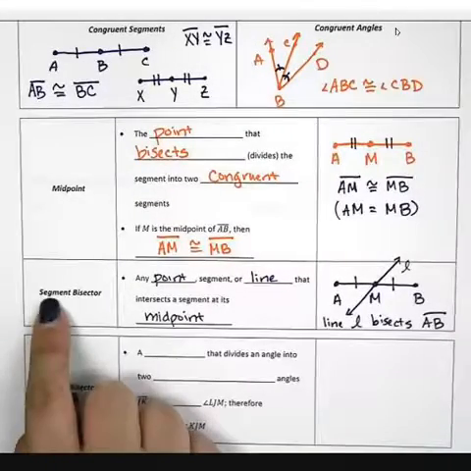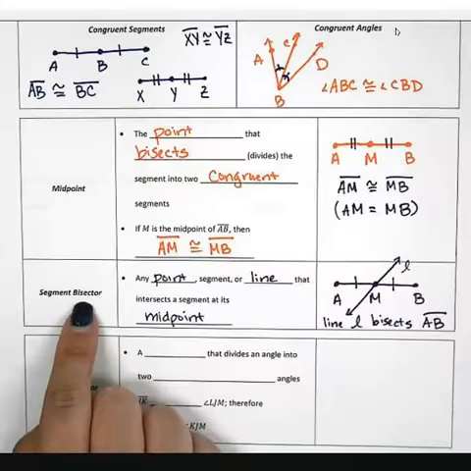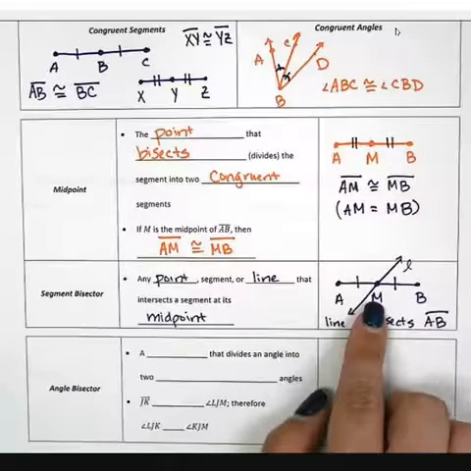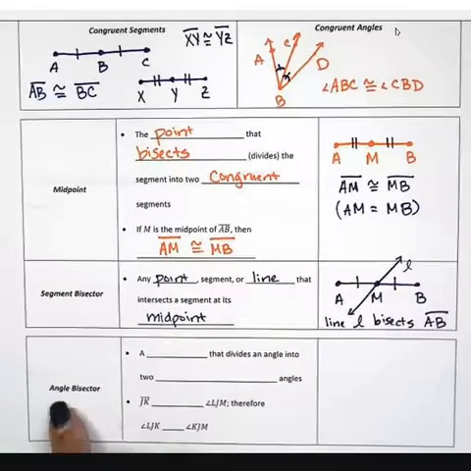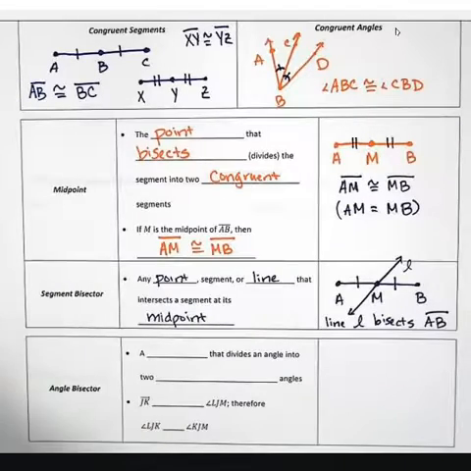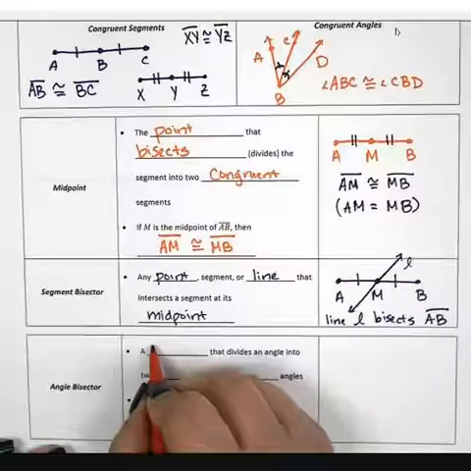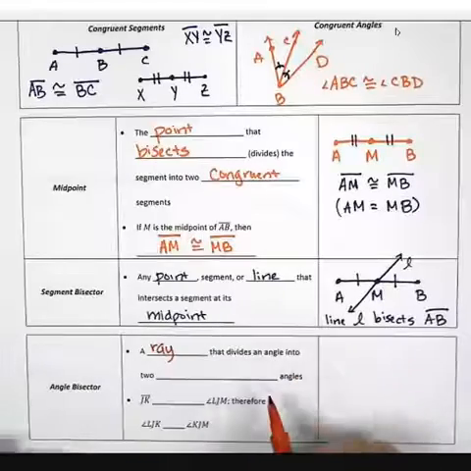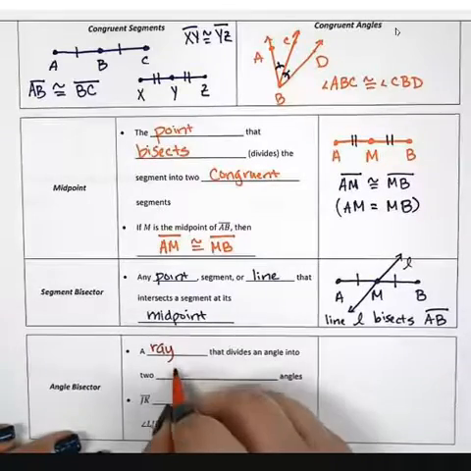So a segment bisector obviously means that a segment is being cut in half. An angle bisector then means that we have a ray that's dividing the angle into two congruent angles.